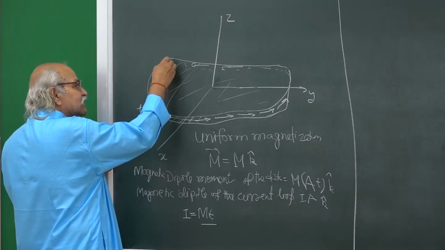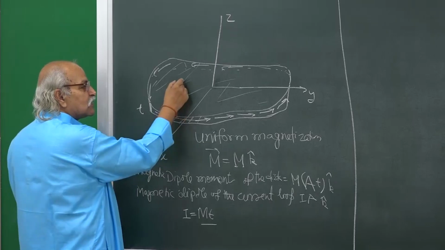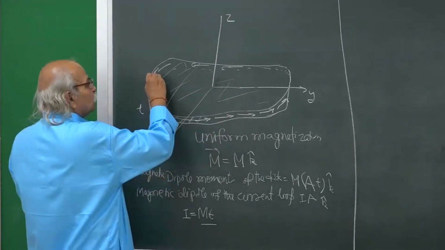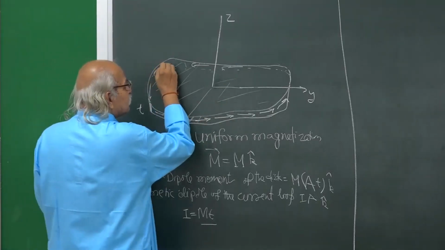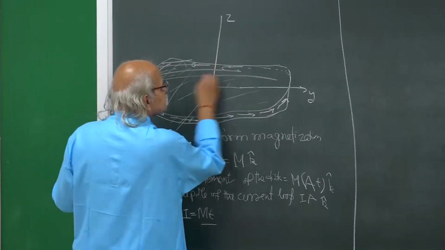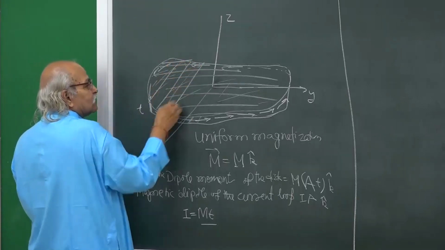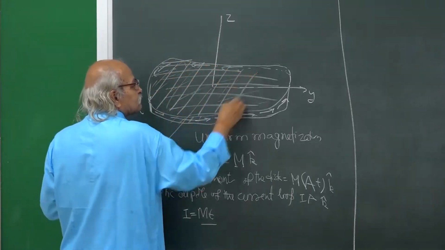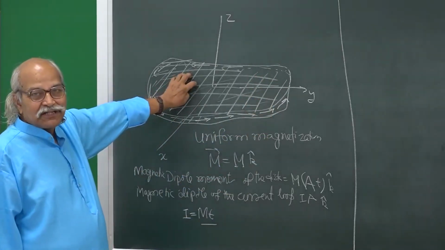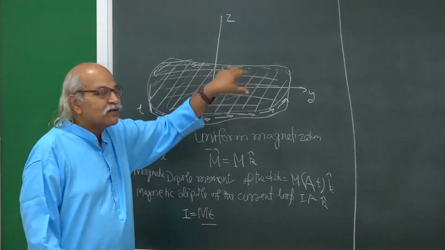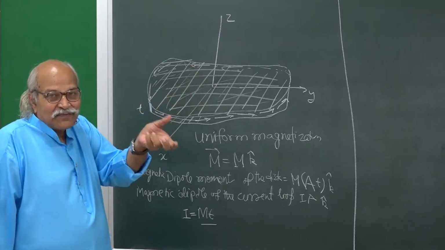But if you consider this as a combination of small chunks, you draw lines on this surface parallel to the y-axis, and then parallel to the x-axis, and then cut this disk of thickness t, you will get rectangular objects.